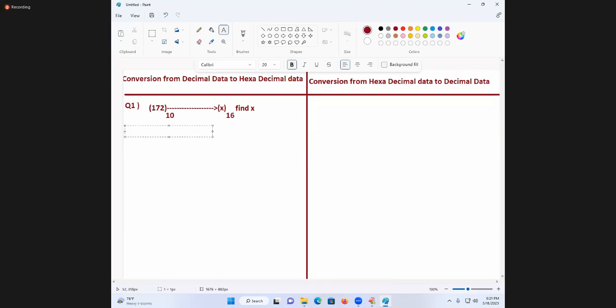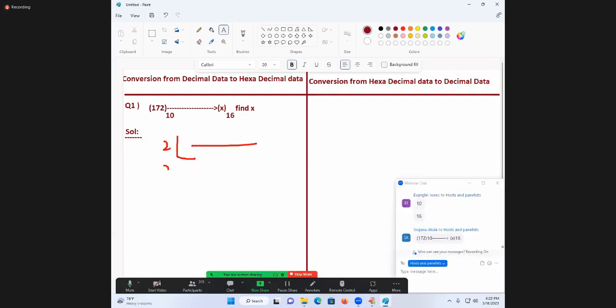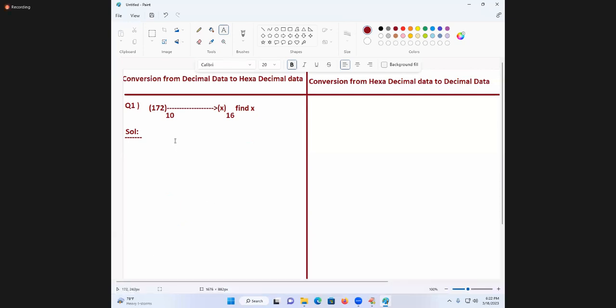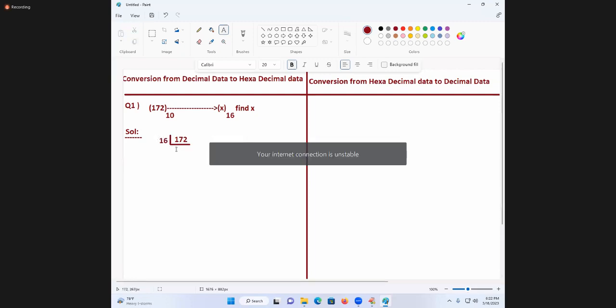Solution. Take care, students. As you know, previously we converted binary, base 2, and also base 8 into octal. Today we are going with 16. Similarly, as usual, we take 172, divide by 16. 16 tens are 160.